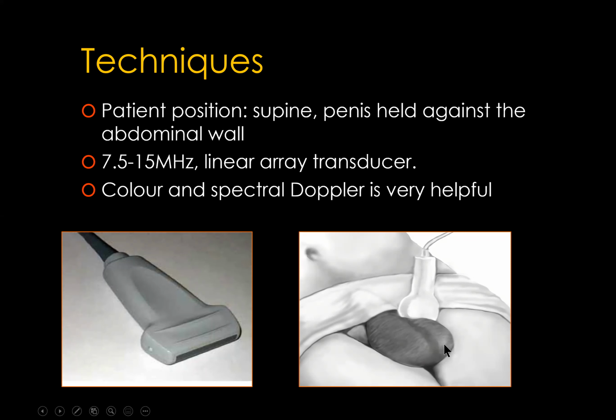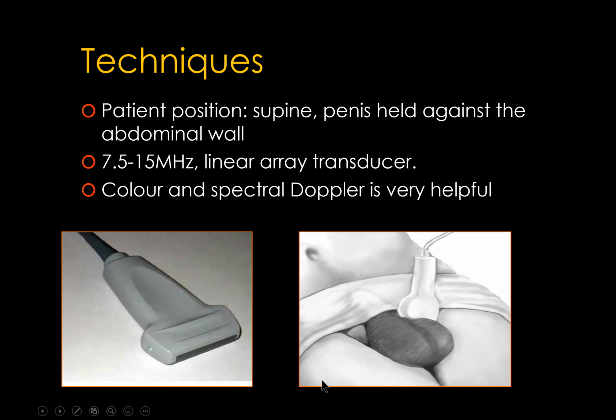A lot of gel is applied to ensure adequate probe contact and to remove air between the probe and skin surface. Use a high frequency probe, a 7 to 14 megahertz linear array transducer. Color and spectral Doppler is very helpful, as we will see later.